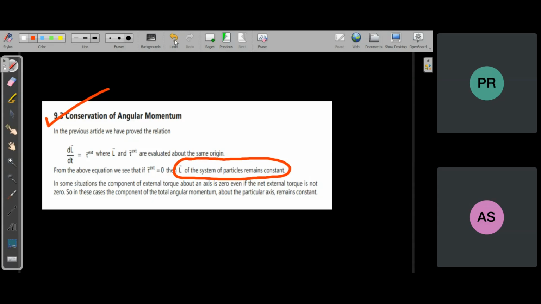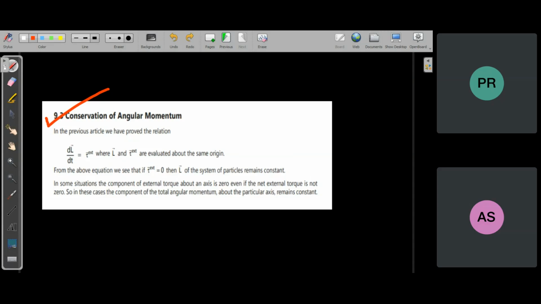Angular momentum of the body will change about an axis only if there is an external torque component about that axis. If there is no external torque component about an axis, then angular momentum about that axis will remain conserved, but maybe not about some other axis.